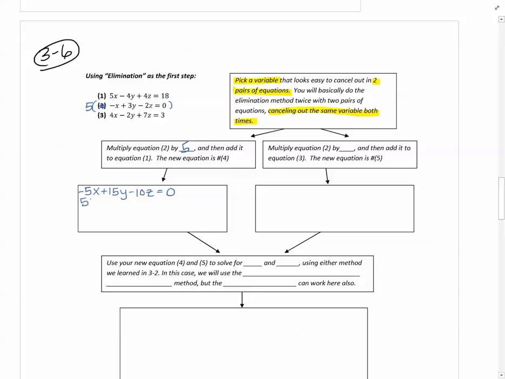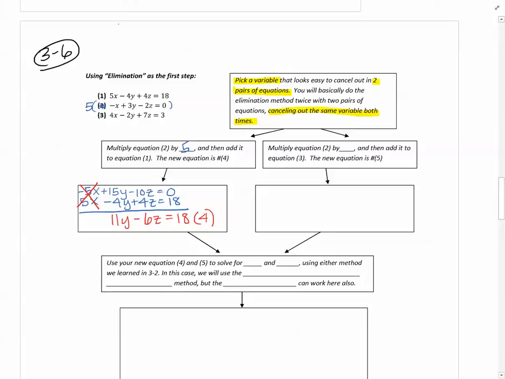I'm going to put equation 1 underneath this, and add, just like I would with the elimination method for 2x2 systems. The x's cancel, and I have 11y minus 6z equals 18. So I have a two-variable equation. This is what we're going to call equation 4, just like we did with the last method.